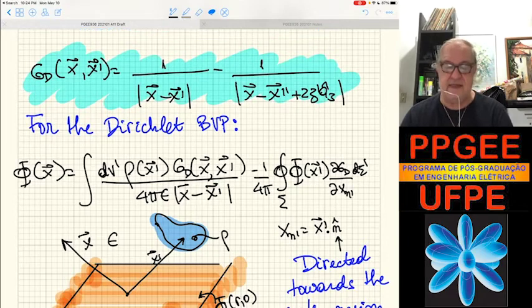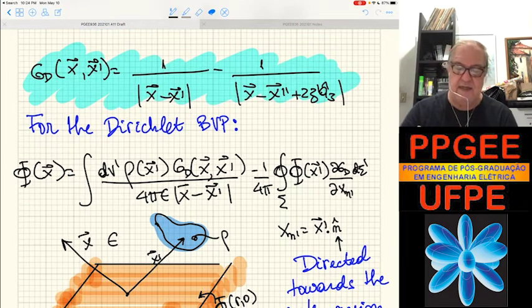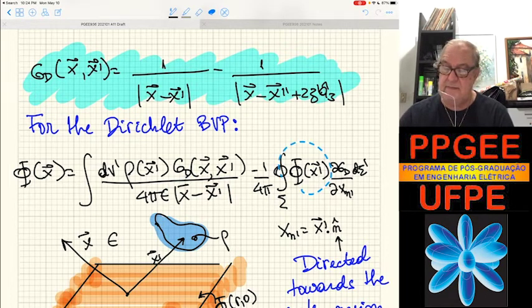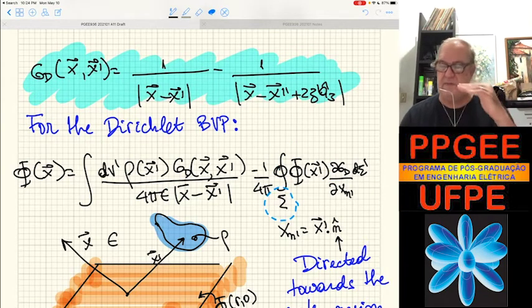The recipe is this. The potential is equal to this kernel, rho times the Green's function for the Dirichlet boundary value problem, minus the potential given on the surface, with the potential at infinity equal to 0, so the integration is carried out on the z equals 0 plane.